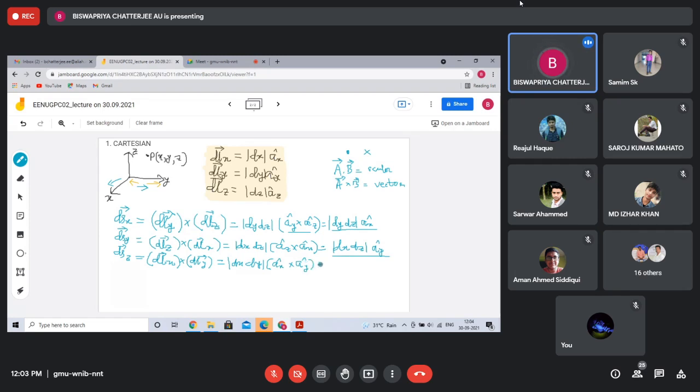So the ultimate result will be dx dy az cap. You see from the result itself, x and y are variable, and it is directed along az cap, meaning the positive z direction. So this is the concept of the differential surface element in the Cartesian system.